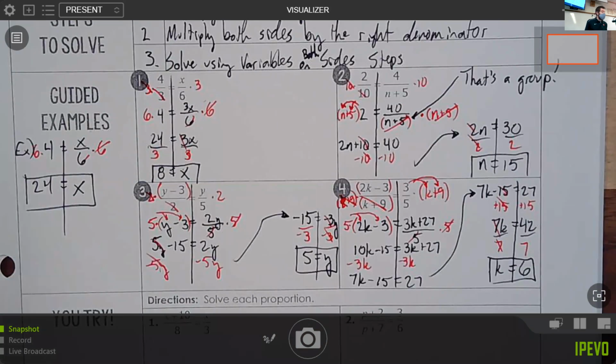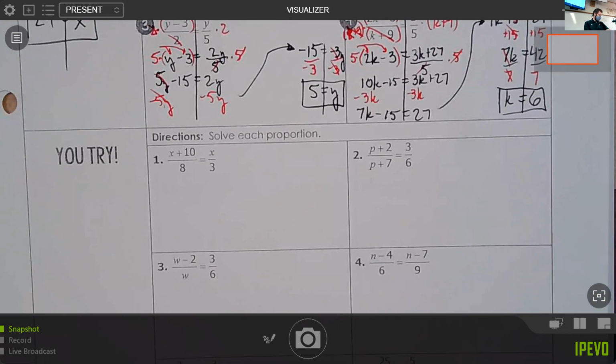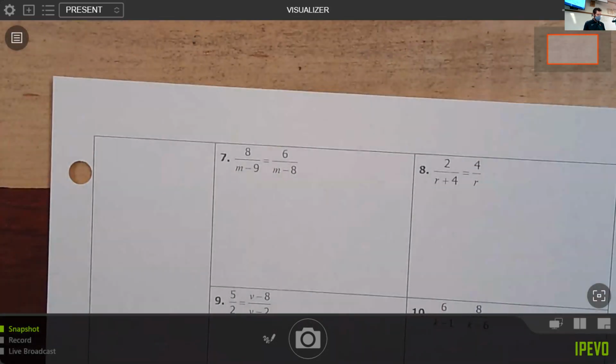Okay. Now that we've seen this process a few times, I want you to try the next 6 problems. See what you can come up with. And let's say, I'm not going to give too much time because we do have a second page to go through here.